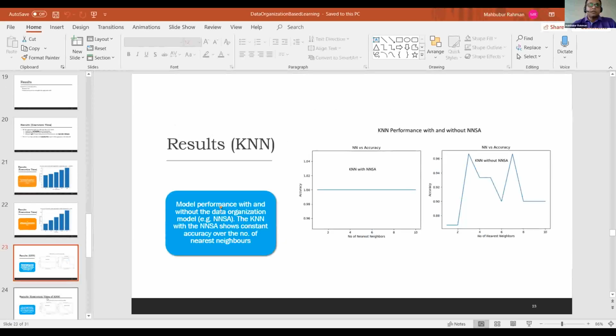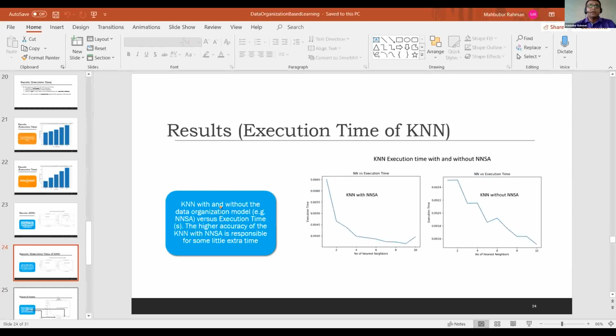Now, from the results perspective, on the model performance with and without the data organization model, the KNN with the data organization model shows constant accuracy over the number of nearest neighbors. So we have compared the K nearest neighbor with the data organization model and without the data organization model, and here is the outcome.